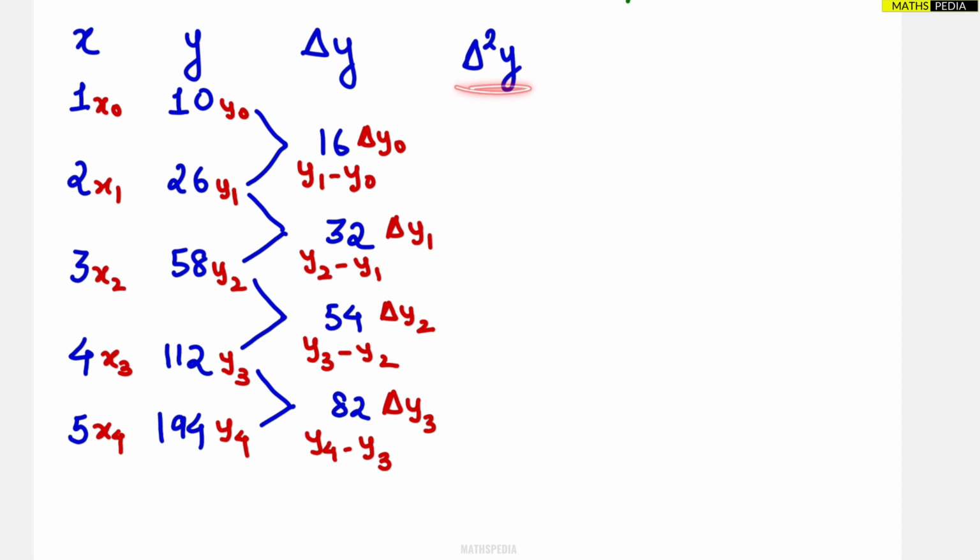Again the next difference, it will reduce to 3 numbers, and so on. Okay. So let us see. So difference between this and this, I have to take 32 minus 16, which is 16. So what I have done here, this is represented by delta square. This is second forward difference. Delta square y naught. What I have done here, delta y1 minus delta y0.